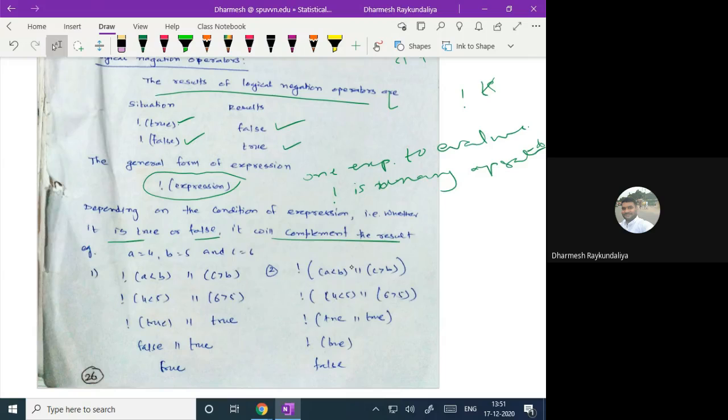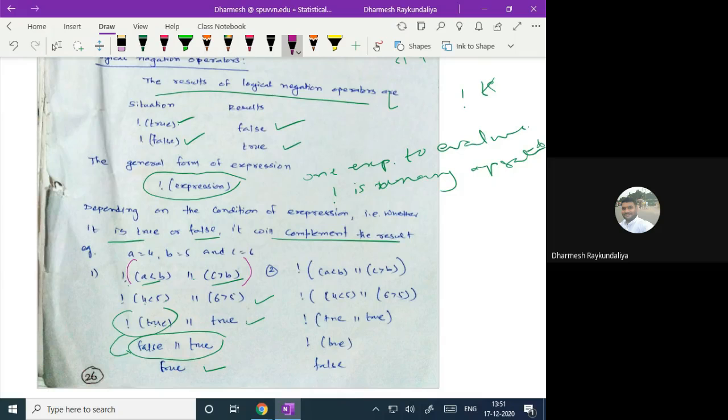For example, you have written negation A less than B or C less than B. So 4 less than 5, yes, it is true. But what is the negation of true? It is false. 6 is greater than 5, yes, it is true. And if any one of the expressions is true, the result is true. But suppose you wish to evaluate in this way instead.